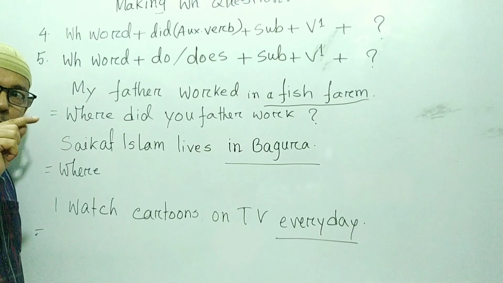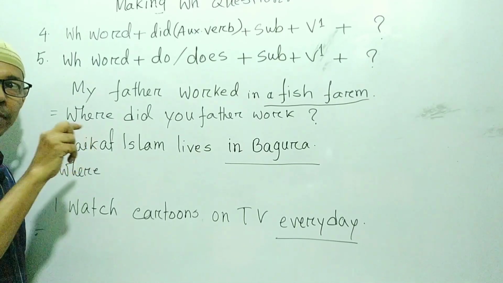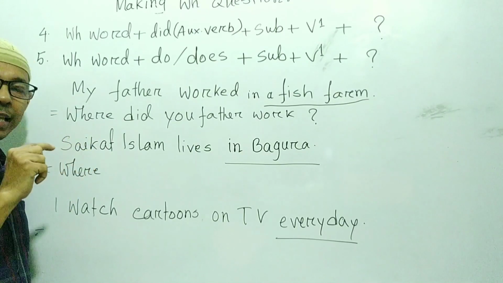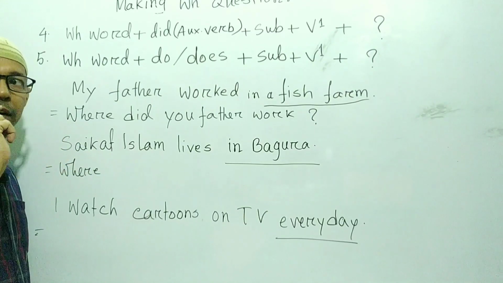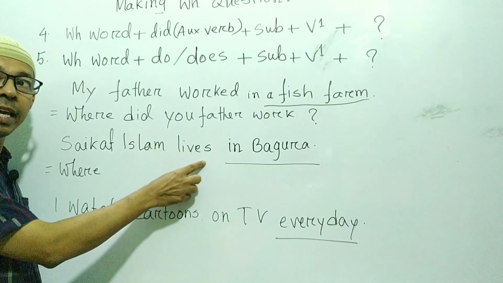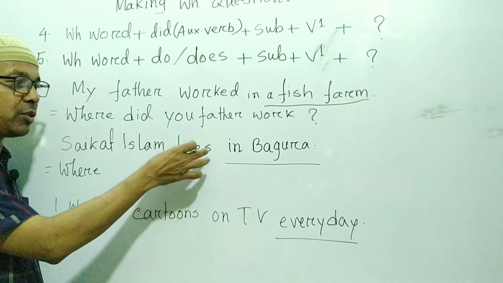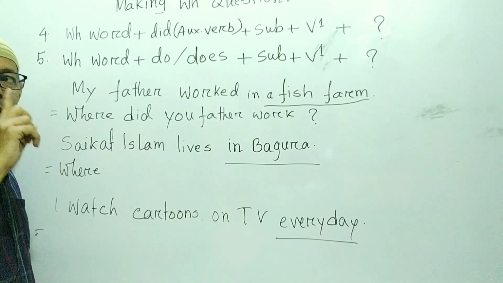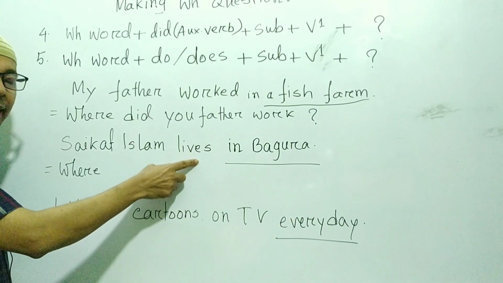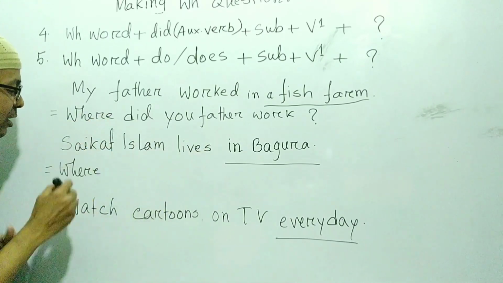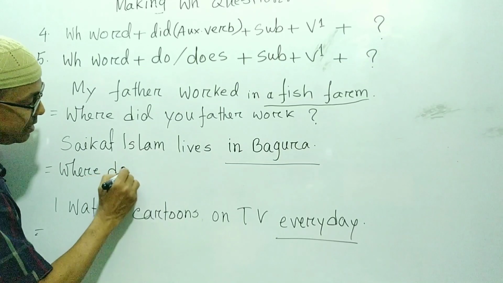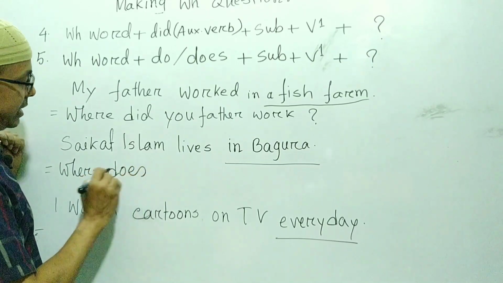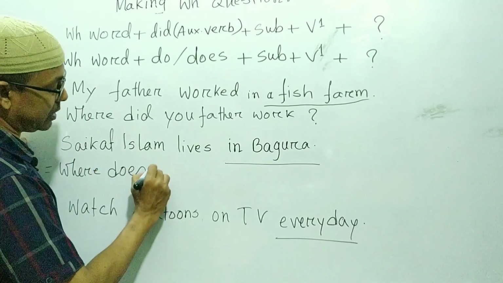If the verb is in the present form, then you have to take do or does. If s or es is added with the verb, then you have to take does, otherwise do. So here you can see s is added with the verb. So you have to take does. So where does? Then the subject, Shoikut Islam.